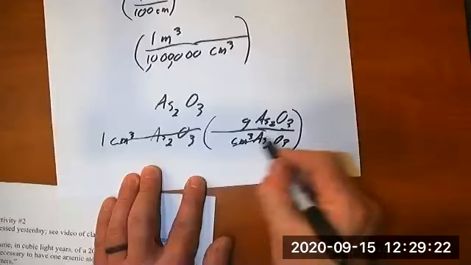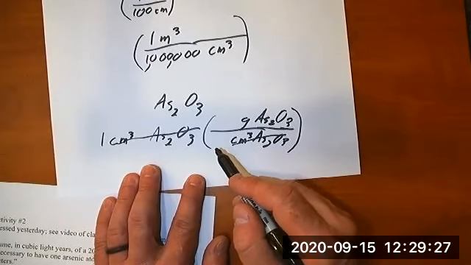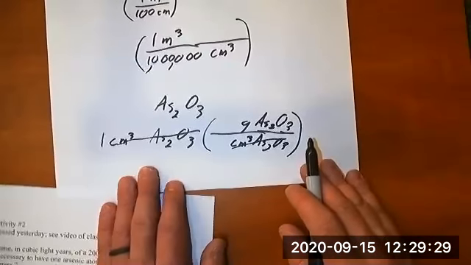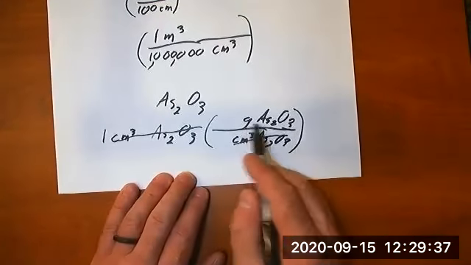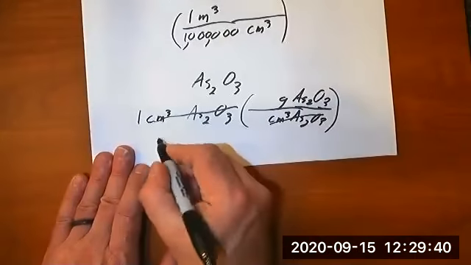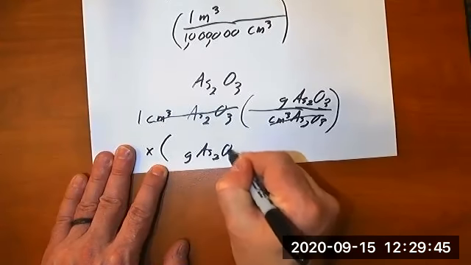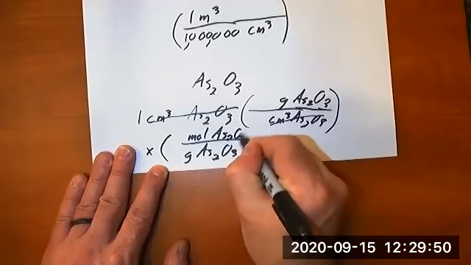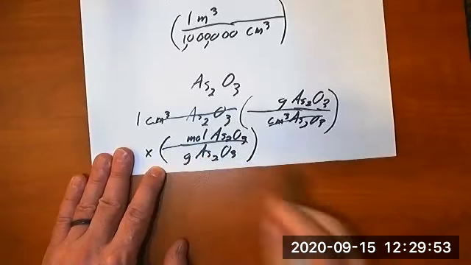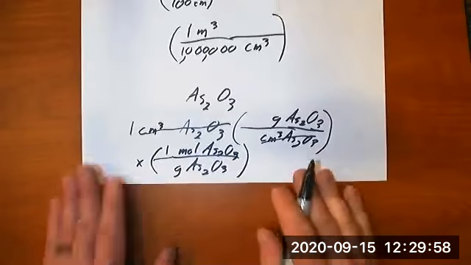Cubic centimeters of arsenic trioxide is going to be canceling, and I'm not putting in the number because I don't remember off the top of my head what the density of arsenic trioxide is. What matters more here is understanding the procedure, so I'm going to assume that you can plug the numbers into your calculator. If you have grams of arsenic trioxide, you can then go from grams of arsenic trioxide to moles of arsenic trioxide. How do you do that? What do you use for this?